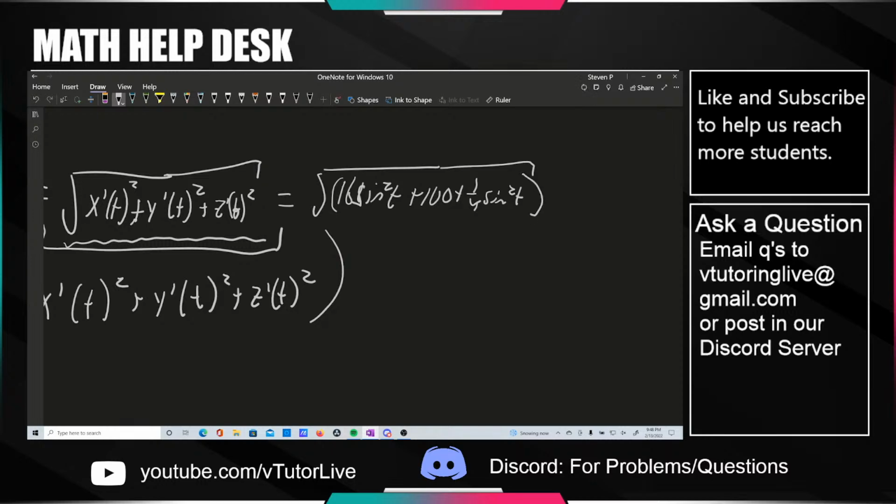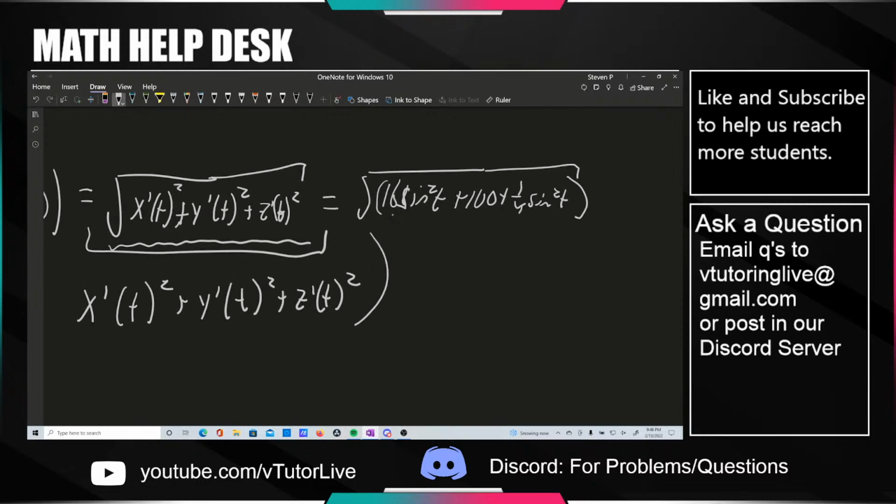You can get rid of the square root by squaring it. So at that point, it turns into a one-dimensional calculus problem in t. You see that? You're just solving d/dt of 16 sine squared t plus 100 plus 1/4 sine squared t is equal to 0.